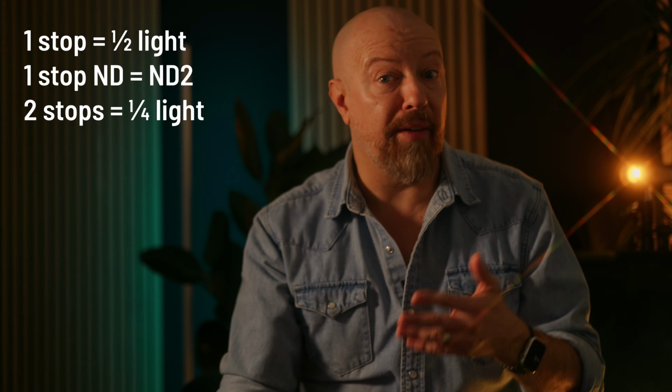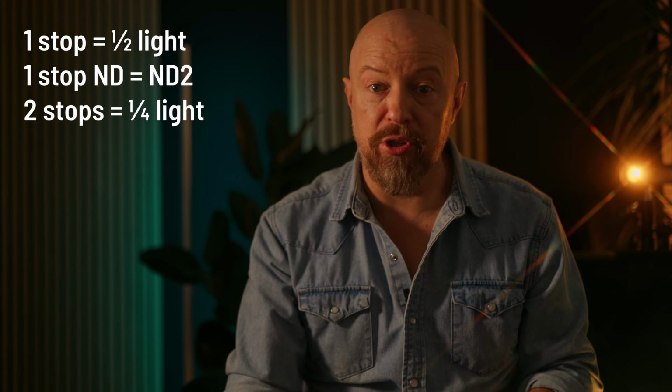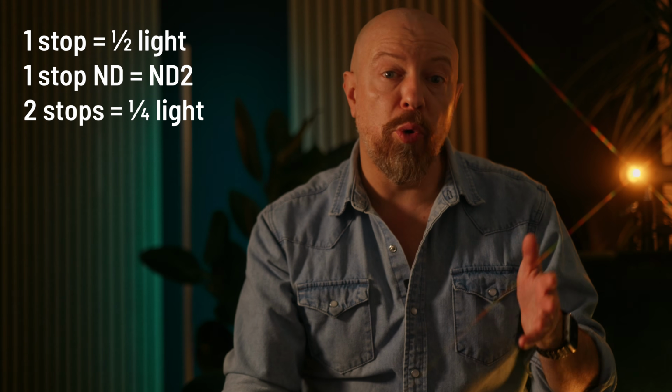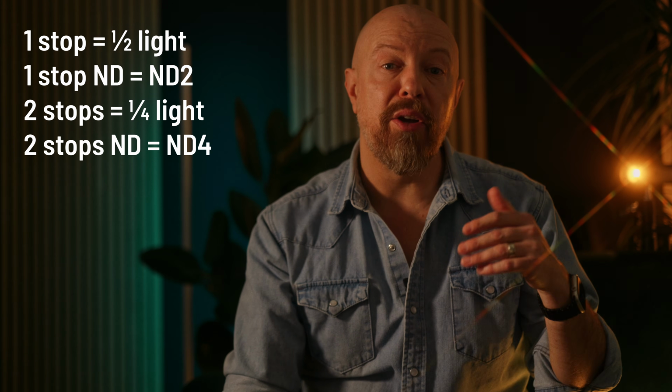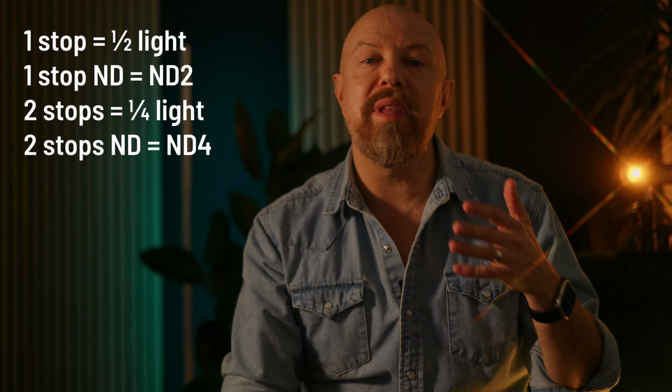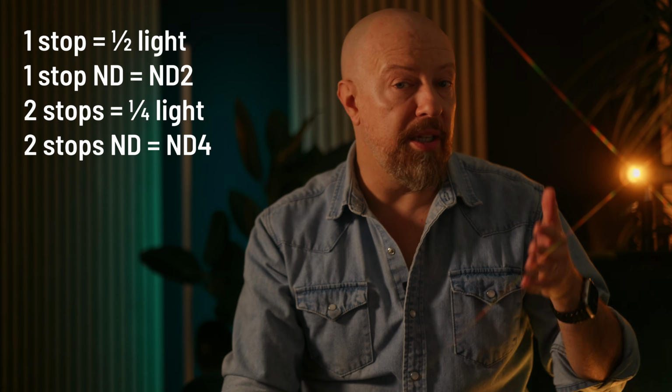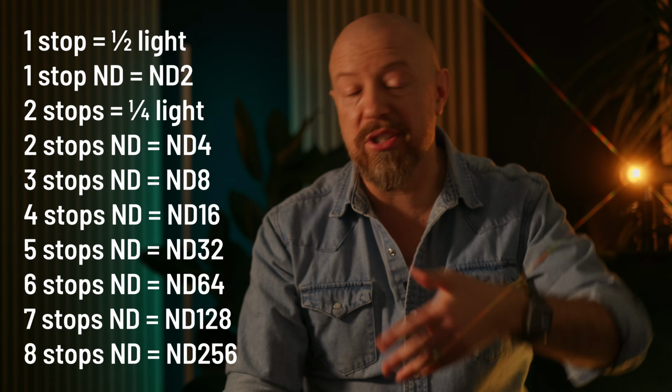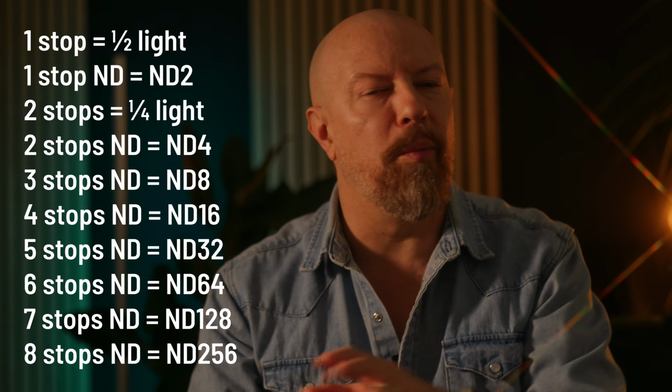A 2-stop reduction is half again, so now that's 1/4 of the original light, or 1/4, so a 2-stop ND is an ND4. This continues on and on with the ND number doubling each time. ND2, ND4, ND8, 16, 32, 64, and so on. That was probably more information than you needed and probably took more than 60 seconds, but hopefully that was useful.